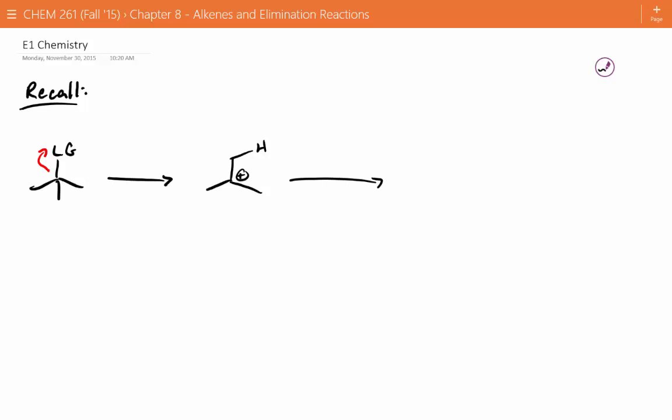And then we said that we only need a weak base that can come and grab our beta proton, clamp down, and form our alkene. And there we go. So let me add in our leaving groups too.